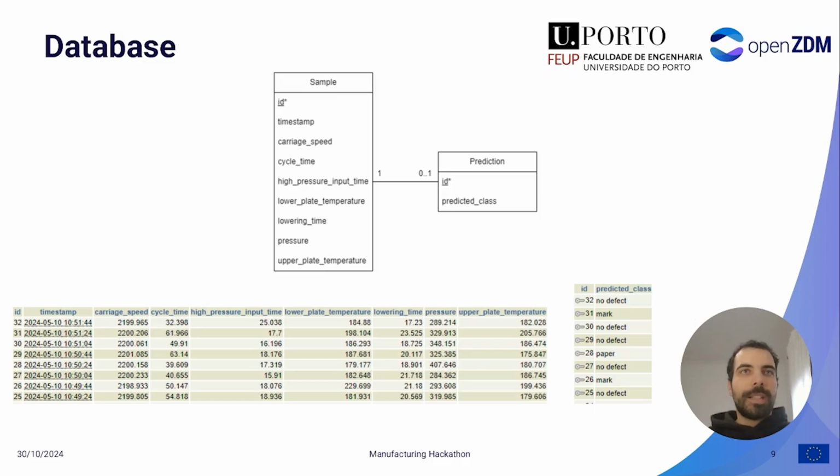The Postgres database contains 2 tables, one storing the input sample containing the pressure, temperatures, among other variables. The other table contains the defect prediction values associated with a particular sample.